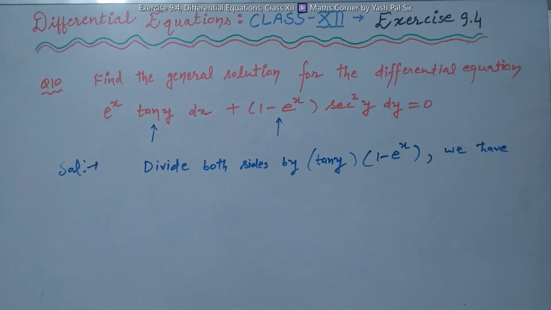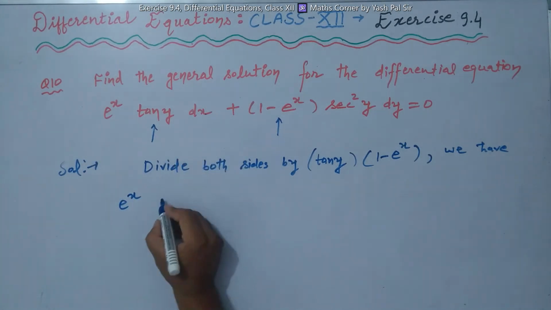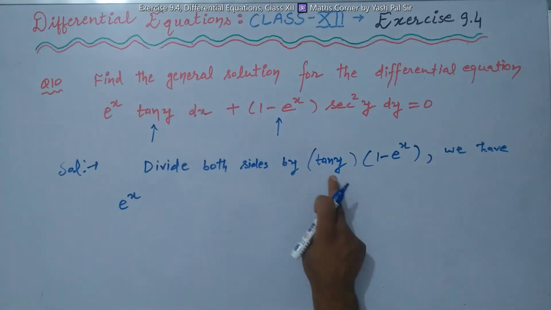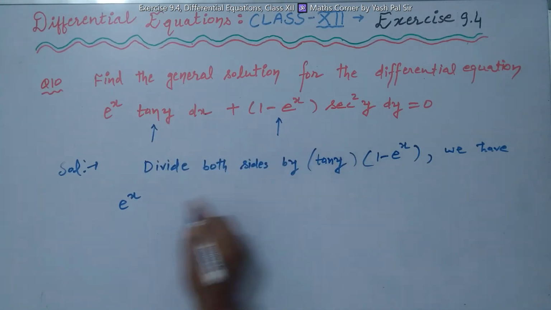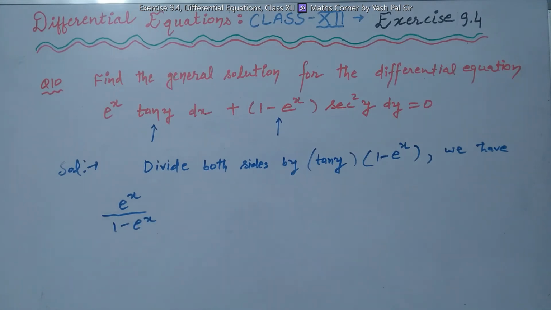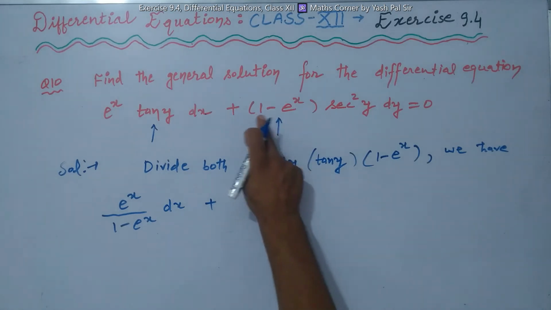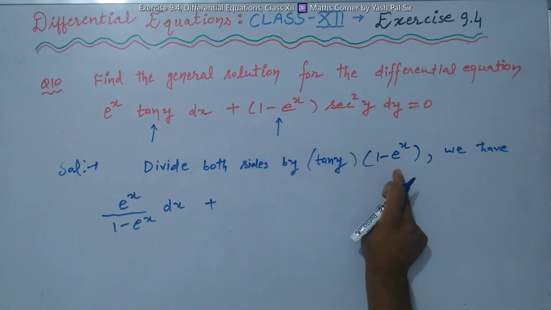What becomes now? This becomes e power x, tangent y is divided so cancelled, upon 1 minus e power x into dx plus this 1 minus e power x is divided.